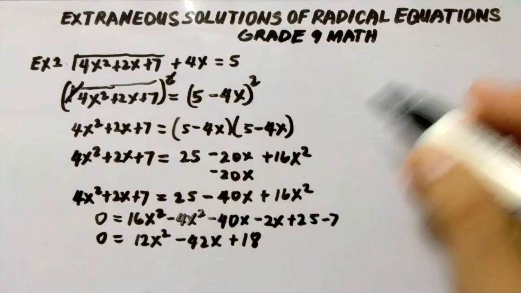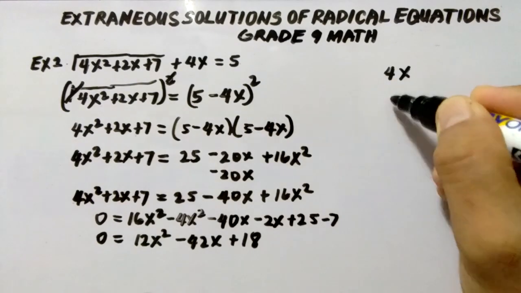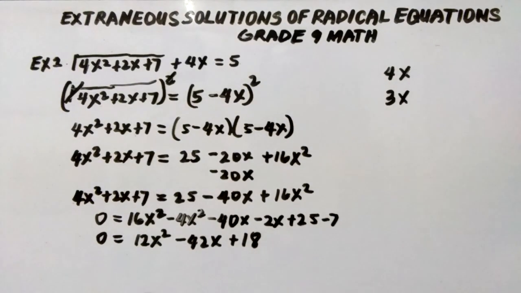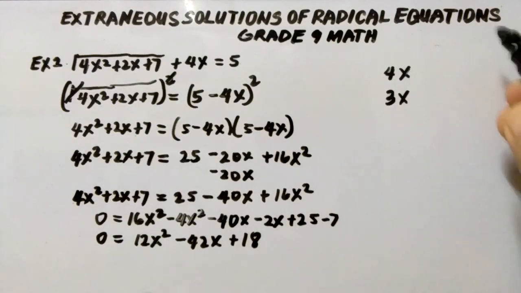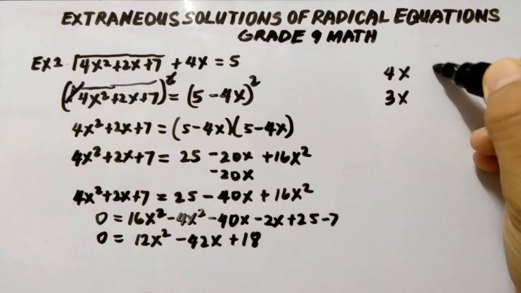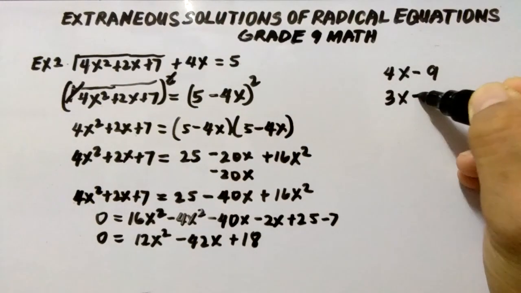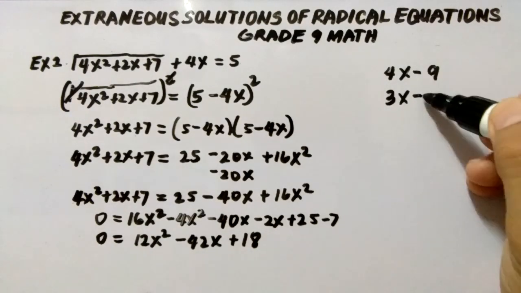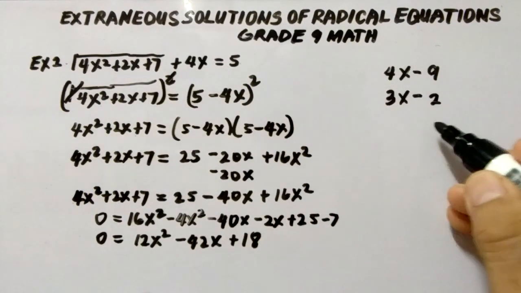So, 12x squared. So, gawin po nating 4 pa rin. X and 3x. Then, 18. Ang factors po niyan is pwedeng 9 times 2. Okay? So, negative pa rin ang ilalagay natin. Okay? So, negative times negative is positive. So, 9 times 2, that is 18. Okay?